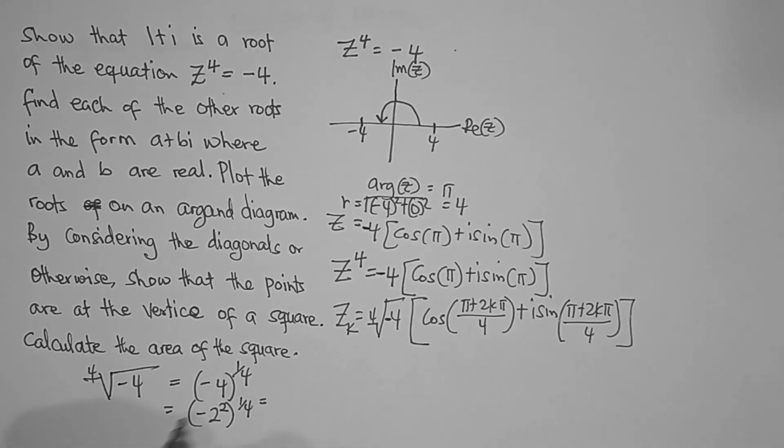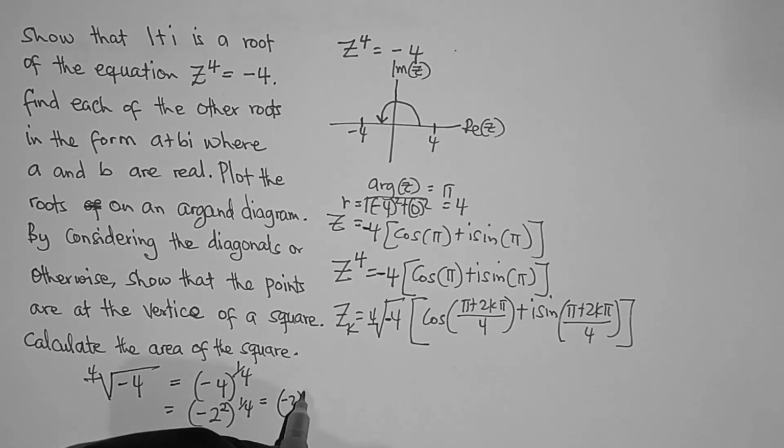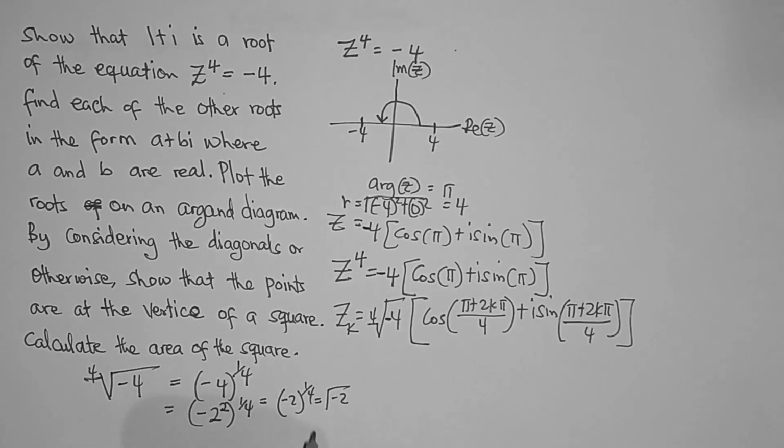So this is the same as, these two cancel, 1 over 4, and this is the same as minus 2 exponent 1 over 2, which is equal to root minus 2. And root minus 2 is equal to root 2i.